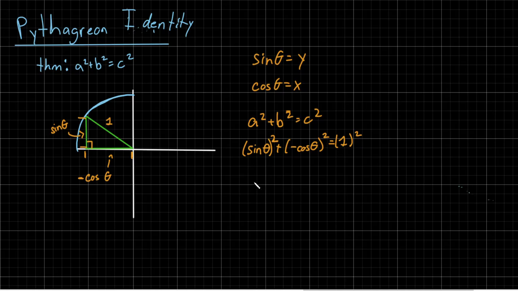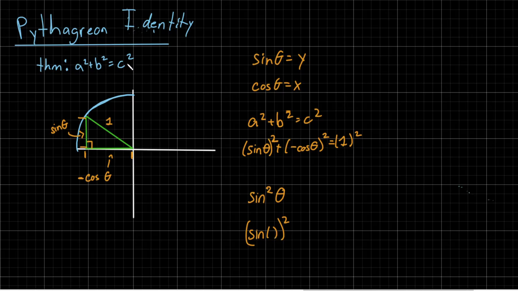Now, we don't write it like this, because it looks like we're squaring theta, right? We're squaring all of it. So we write it like this: sine squared theta. But when you type it in the calculator, you probably have to do sine of whatever this is, and then square it like that.